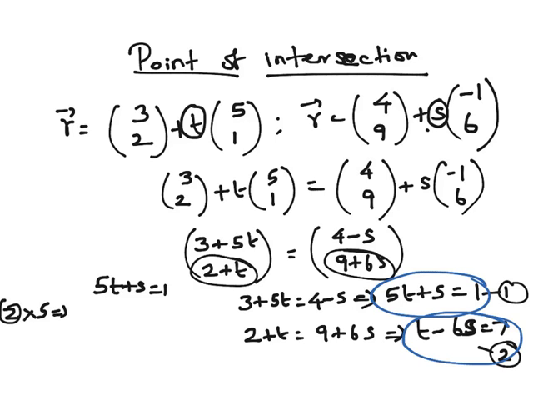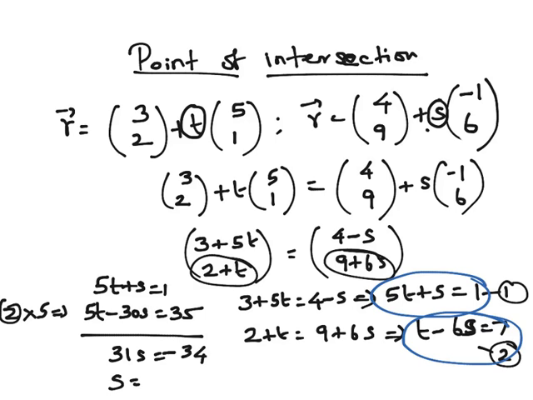So I get 5t minus 30s equal to 35. Right? So when I subtract, you get 31s equal to minus 34. So s equals minus 34 by 31.